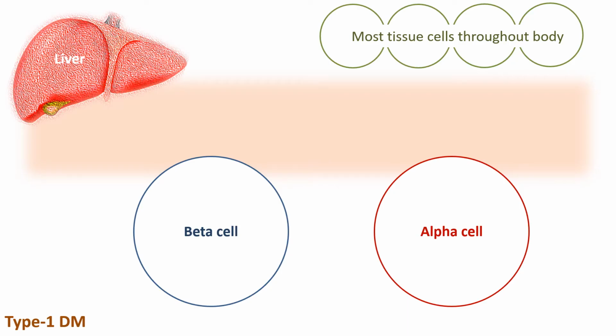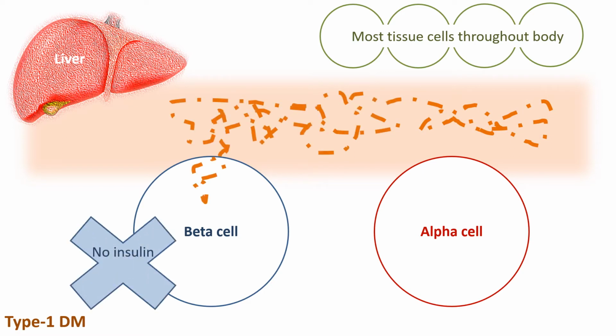So let's have a look at that in the form of a diagram. Remember, this is type 1 diabetes mellitus. So in comes a load of glucose. That load of glucose goes round in the blood circulation and enters the beta cell.